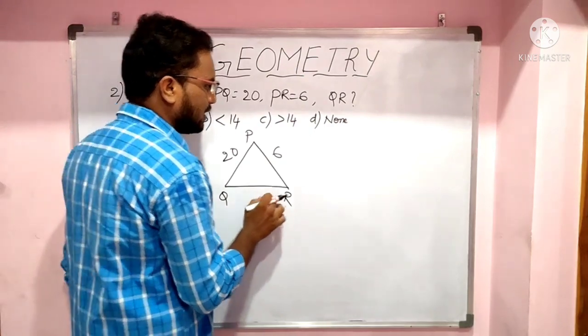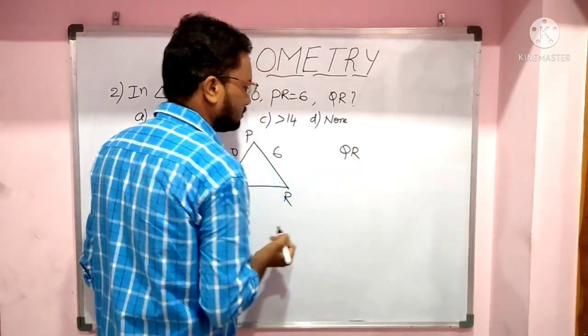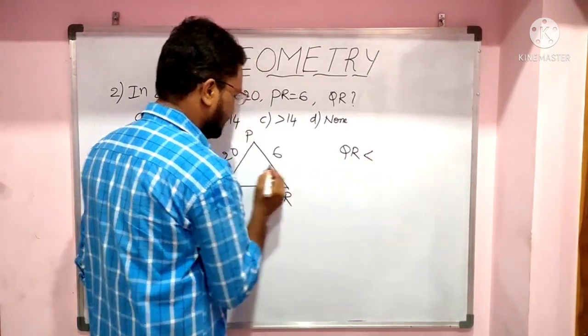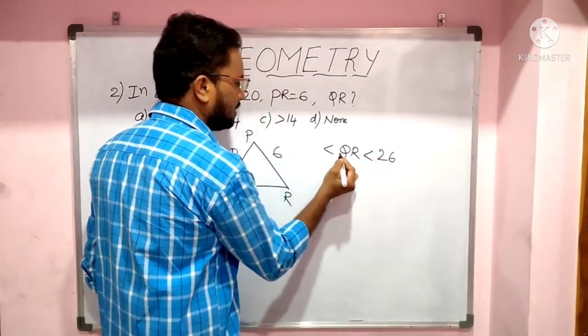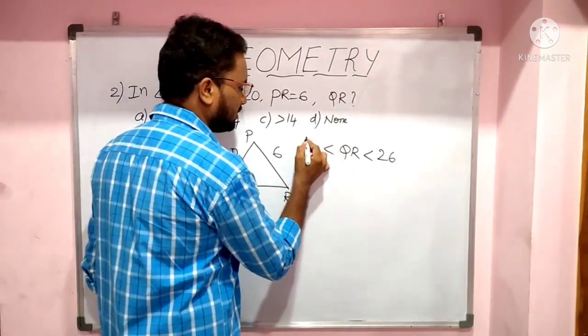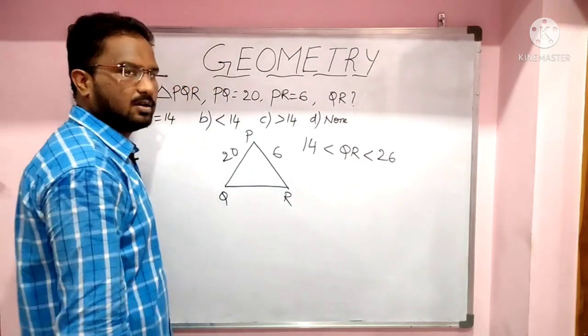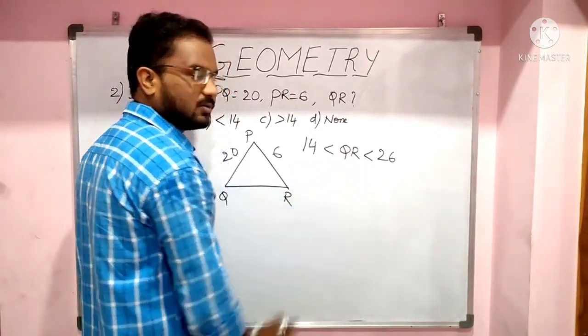That means QR should be less than the sum of these two, 26, and QR should be greater than the difference of these two sides, that means 14.